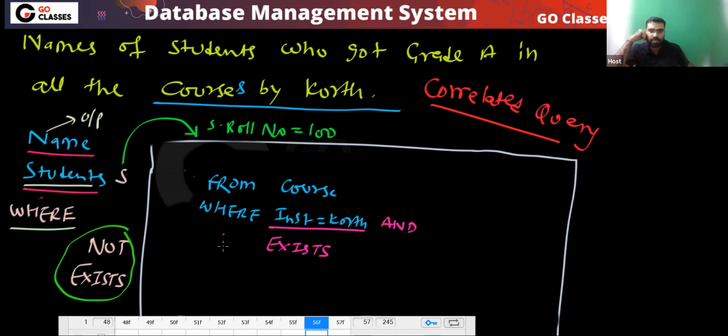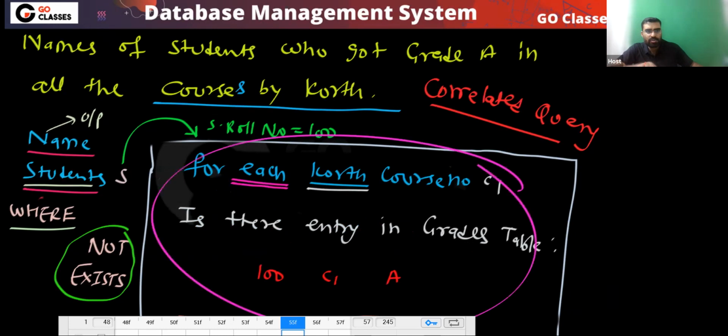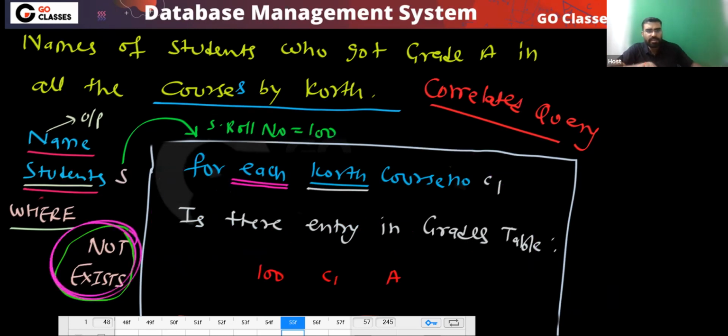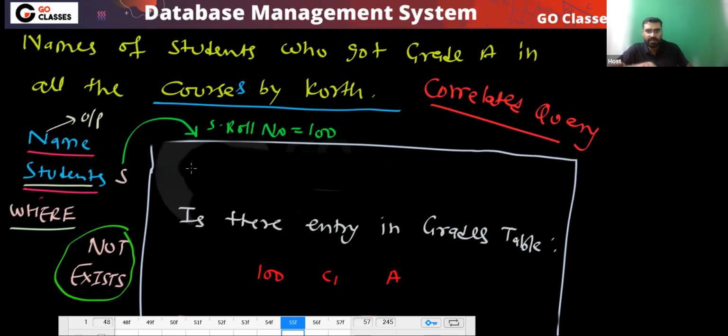For this roll number, in this box, we are looking for those courses in which he did not get grade A. Yes or no? Those courses in which he did not get grade A, right?